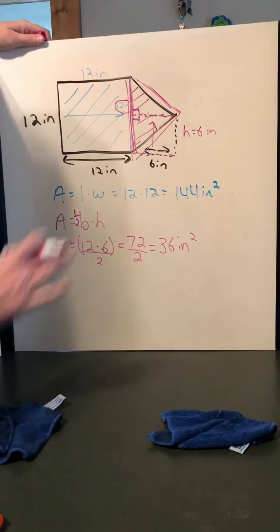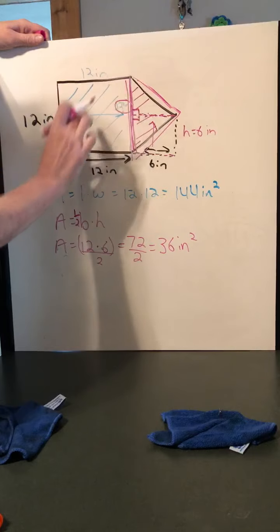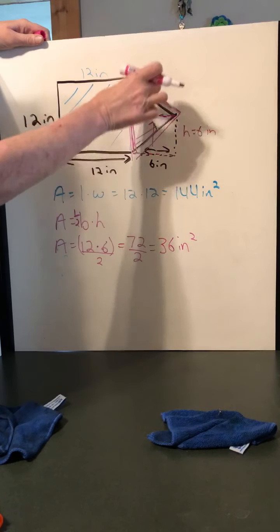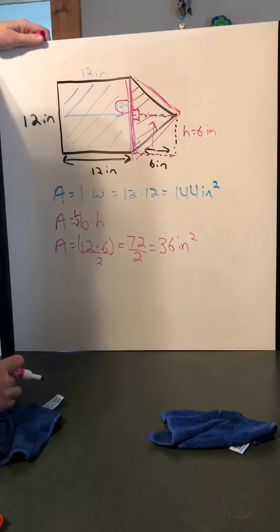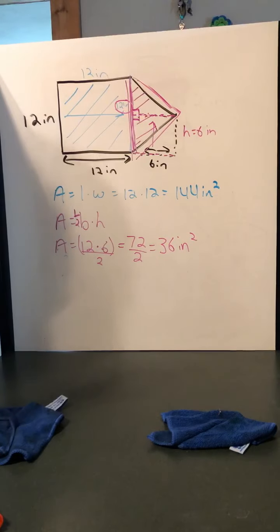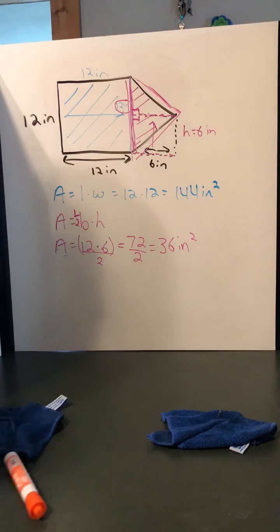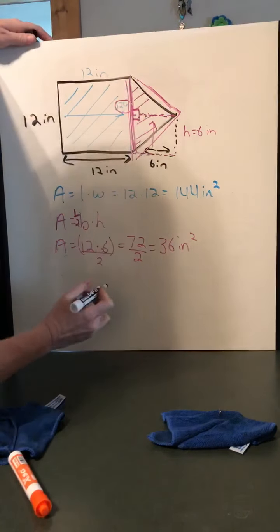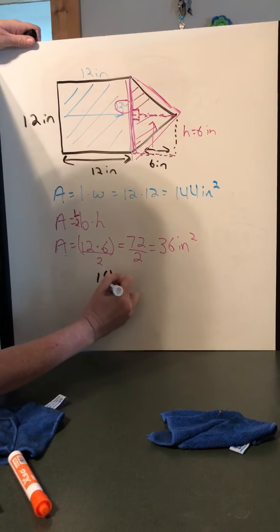So basically what I found now is that this square is 144 inches squared. This triangle, the area that fills up that triangle, is 36 inches squared. And I need to add them together to get my total area for this composite figure. So it's 144 plus 36.